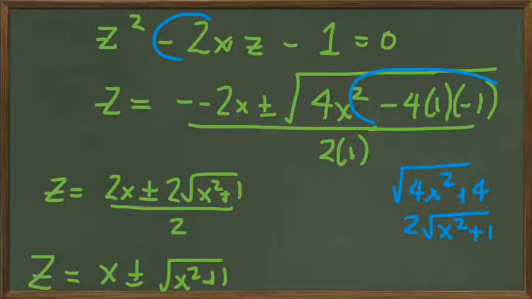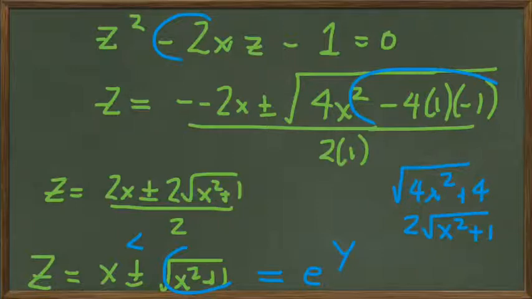And remember that z was e to the y, and the minus term turns out to be one that we can throw away because this expression right here is bigger than the expression x.